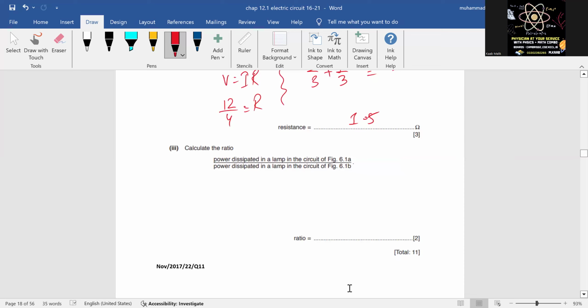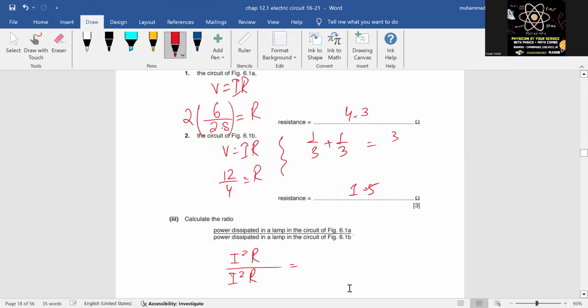Fine. Now they're saying calculate the ratio for the power dissipated in the lamp in 6.1 and in the lamp in 6.2. Okay, fine. So you can use any formula. I'm using I squared R for 6.1, and I'm again using I squared R in 6.2. But since both are different circuits, you cannot cancel out any value of I or R, right?